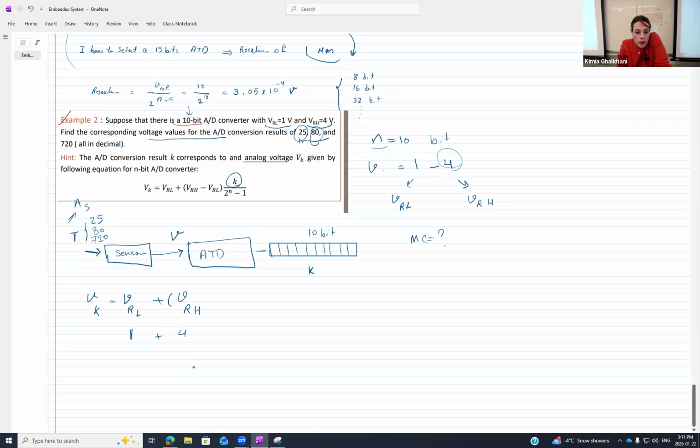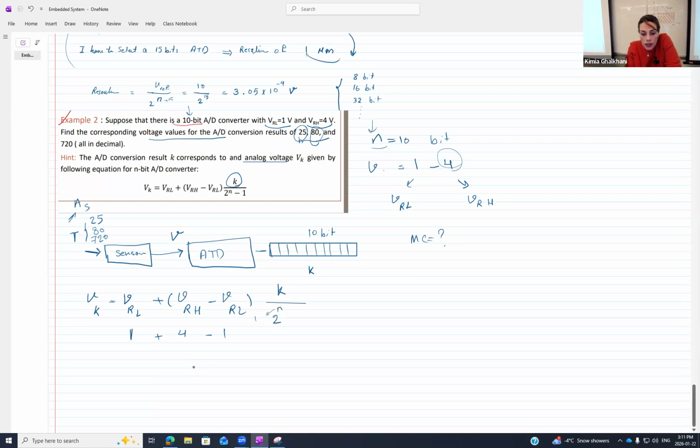So it's going to be VRL plus VRH minus again VRL. Again, it was given, I put it down. Then times K, right? K is analog digital output divided by 2 to the power of n. N is given, which is 10.